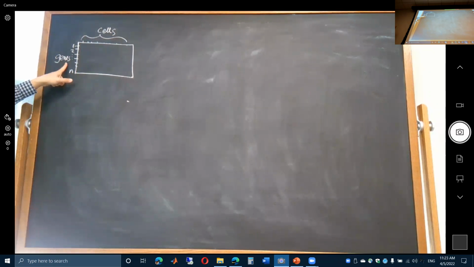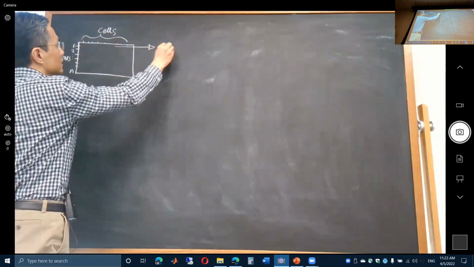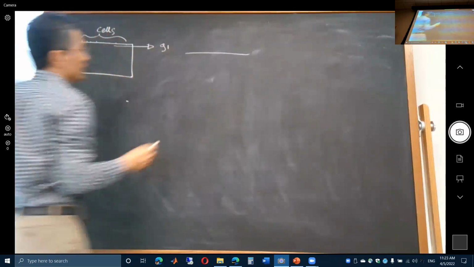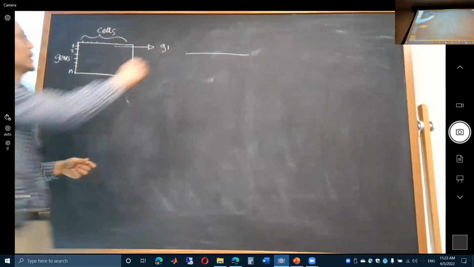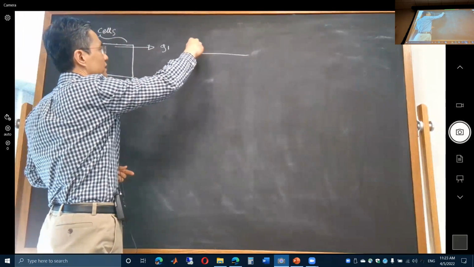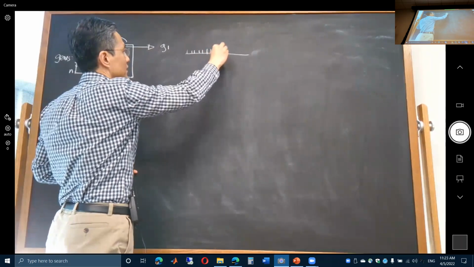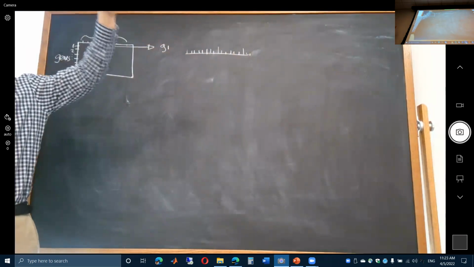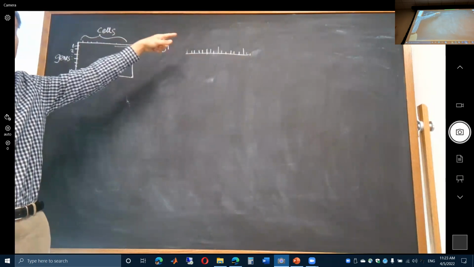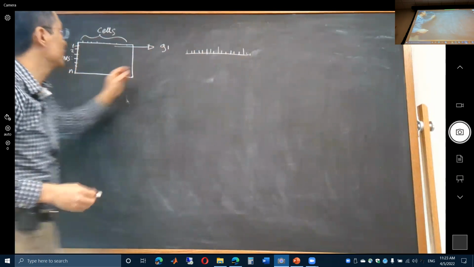Gene expression variability. For example, if I have one gene, I can measure its gene expression across cells. The higher value means that cell expresses that gene highly.